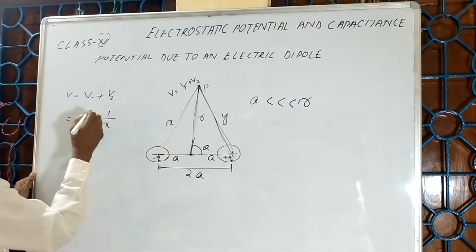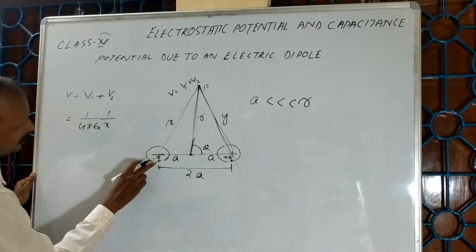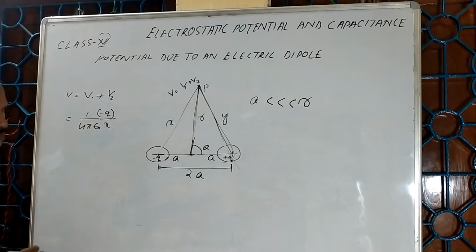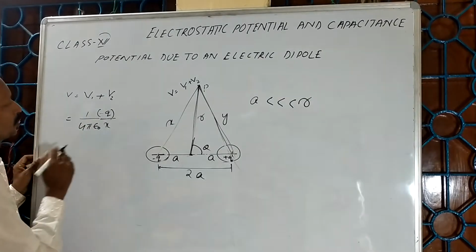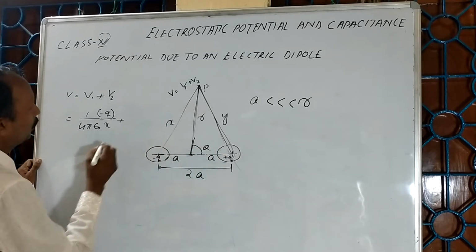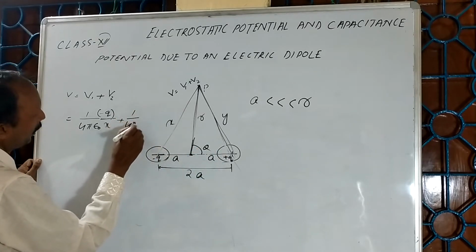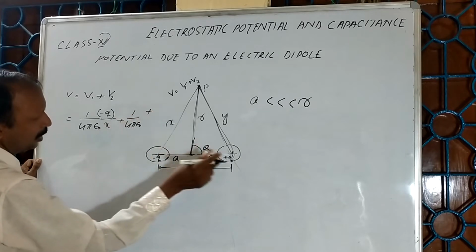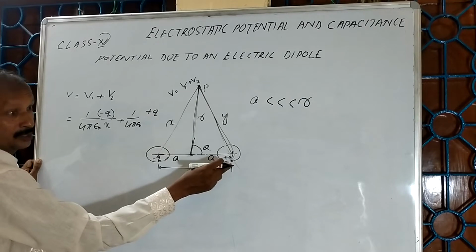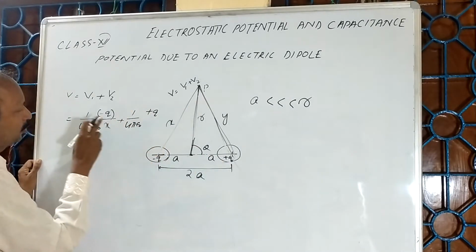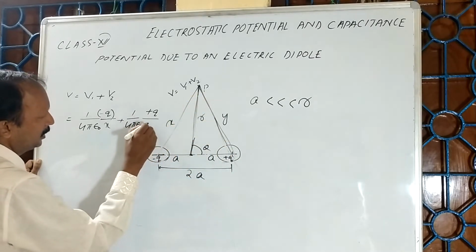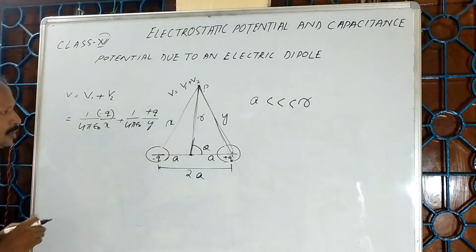Oh sorry, I have taken the charge as minus q, so definitely I shall write minus q here. Next, V2 is also equal to 1 upon 4 pi epsilon naught times plus q, the potential due to the plus q, while this one is the potential due to the minus q. The arbitrary distance I have taken here is the intermediate distance y.